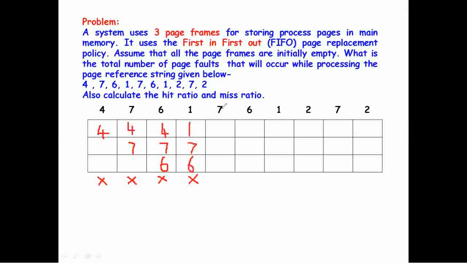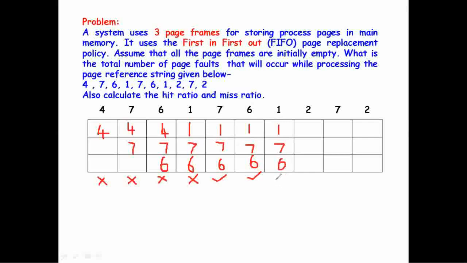Next, when 7 is referenced, 7 is available already, so a page fault will not occur. 6 is referenced, 6 is already available. Here also a page fault will not occur. 1 is referenced, 1 is available.